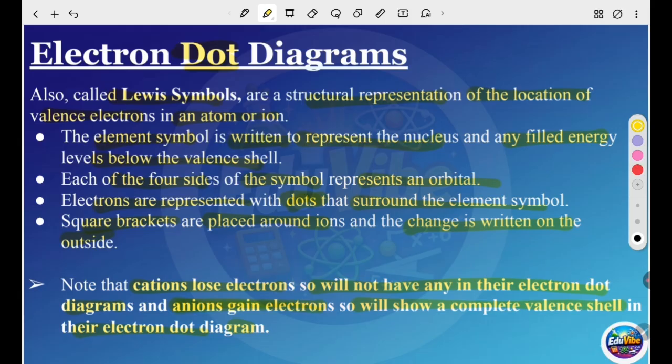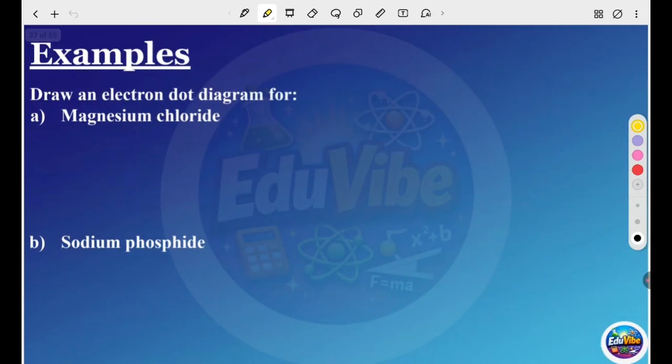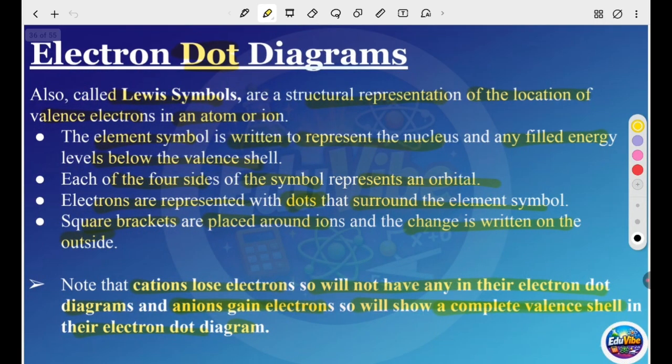But if the anion gains electrons, we have to show the complete valence shell with its electron dot diagram. So how does this work and how do we do this? We do this through some examples. You will get more clarity on this topic when we move on to the examples. When you know how it works, you can relate more to the theory part which we have just discussed.